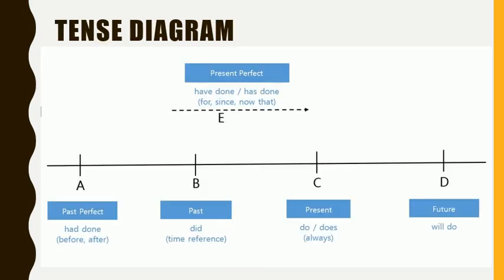When we consider the tense diagram and how the tense fits into this, the present tense is marked C here, but it's not necessarily at this particular point. If you were looking at that specific point, it would be more the present progressive. I am doing something right now.